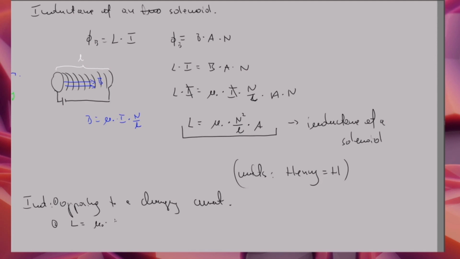So mu naught times N squared over the length of the solenoid times A. And the third point is that the general definition is going to be EMF equals minus L times dI/dt. And if you're not in a calculus-based physics class, then this just amounts to delta I over delta T. Okay, so there are your concepts.